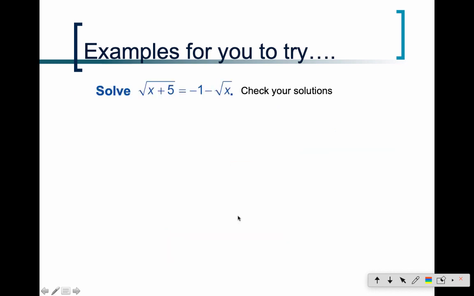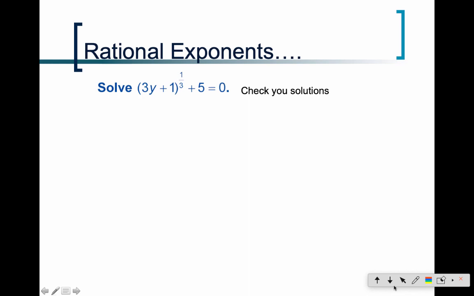Look at this guy right here. Whenever you've got multiple radicals, the first thing we want to pay attention to is that you'd like to isolate the uglier looking one. You don't have to, but you'd like to.